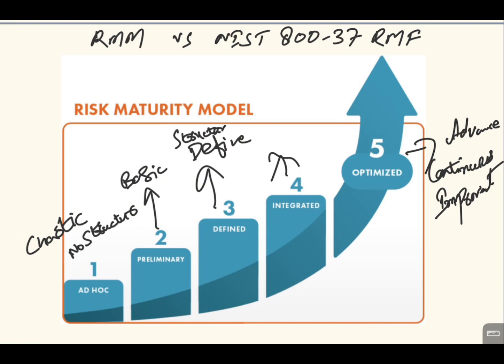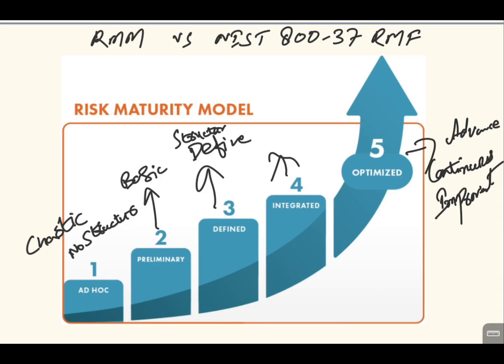Lower RMM levels mean RMF implementation is weak, inconsistent, or reactive. Higher RMM levels lead to a proactive, well integrated RMF strategy. Think of RMM as the big picture and RMF as the defined roadmap for managing cybersecurity.